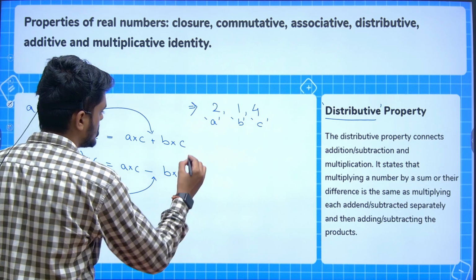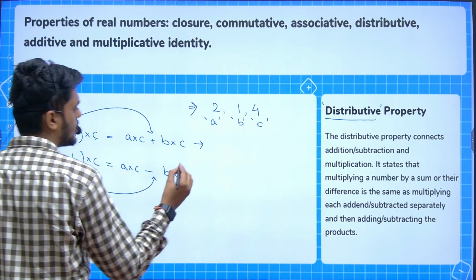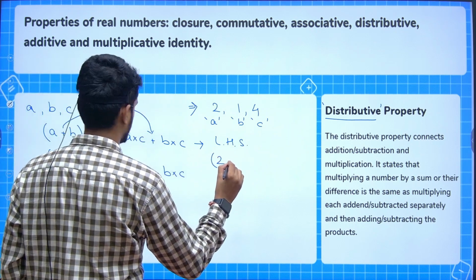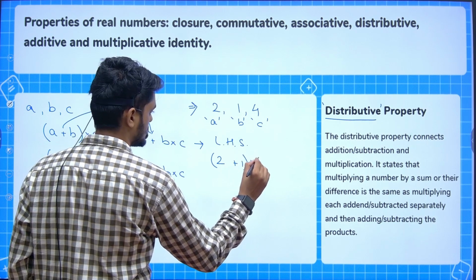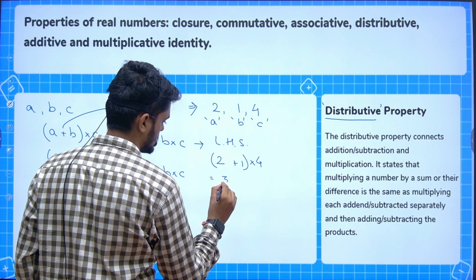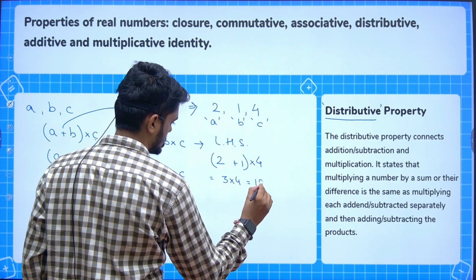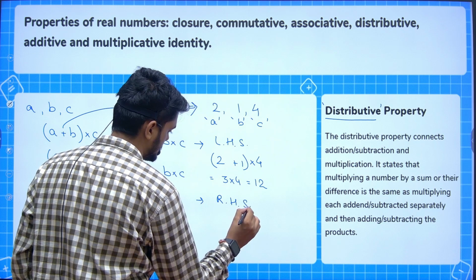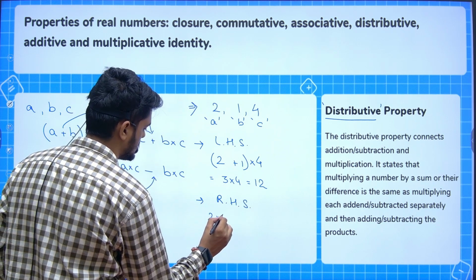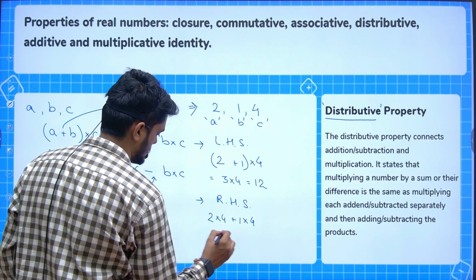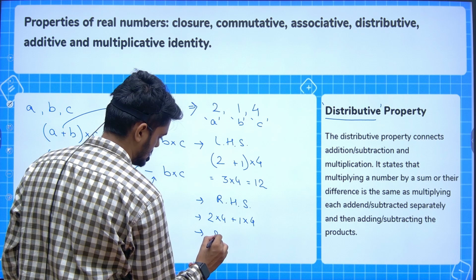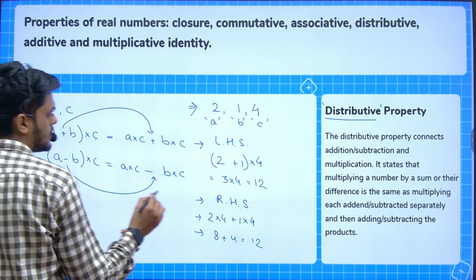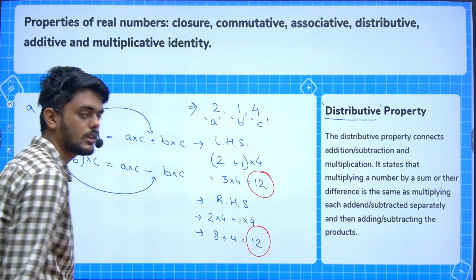expressions. So applying it to the first expression on the left hand side, and then taking it to the right hand side, you can easily observe that the result we have obtained is the same.